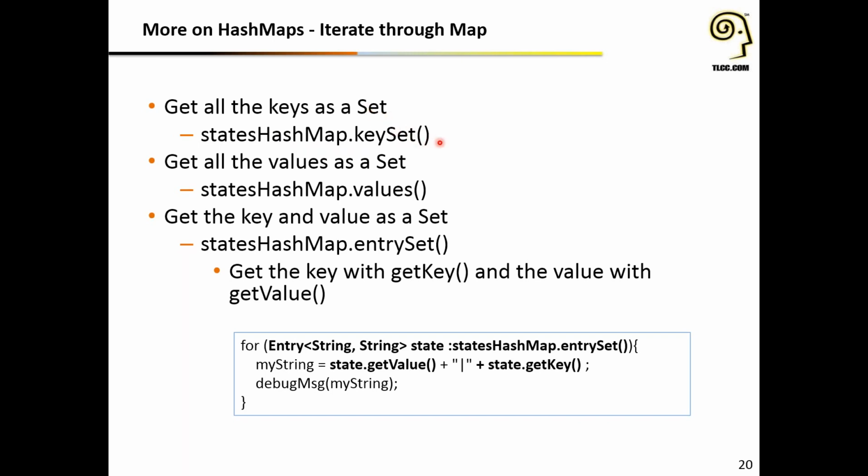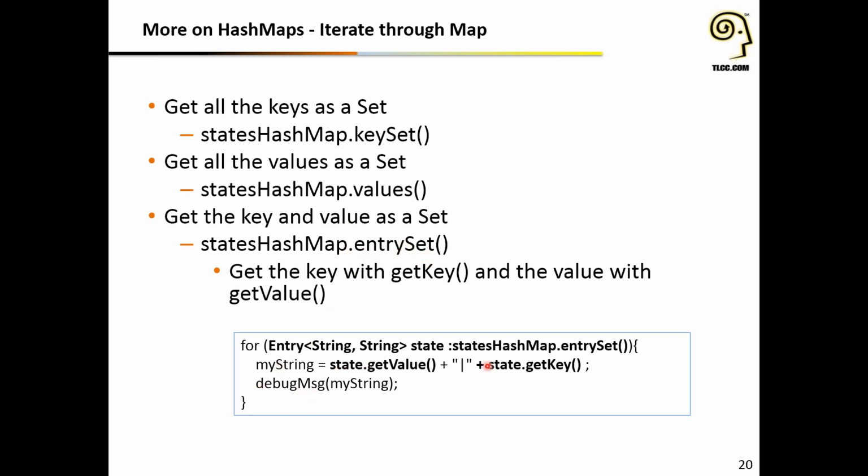A set is a class in Java that you can iterate over using a for loop. You might want to iterate through just the values, so there's a .values method in the HashMap class. And then we have something called an entrySet. An entrySet gets both the value and the key as a set, meaning this will allow us to iterate through whatever's in the HashMap.